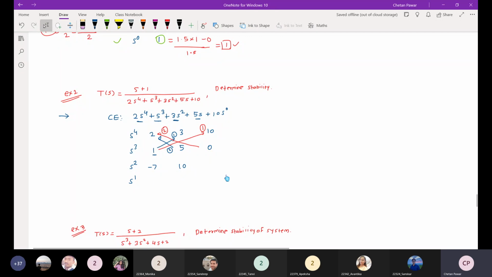So what I will do, I will just multiply this 2 minus multiplication of this 2 divided by 7. So that will be minus 35 divided by 10 minus 7. So that term will be 45 by 7. Okay. So I will just directly replace that term as 45 by 7.